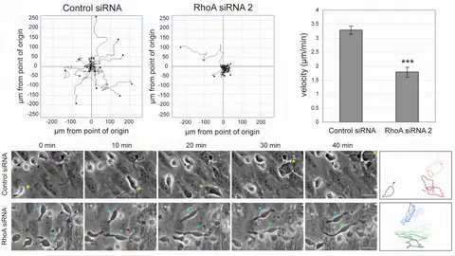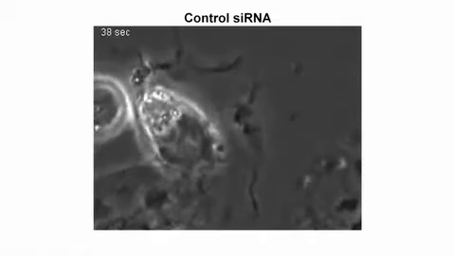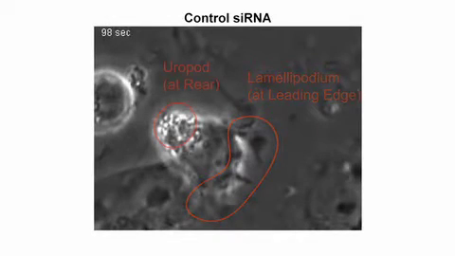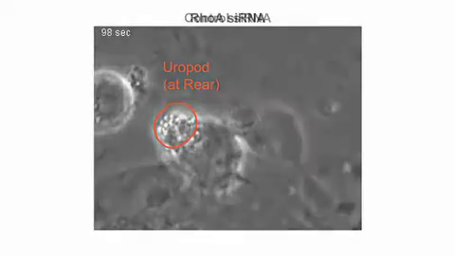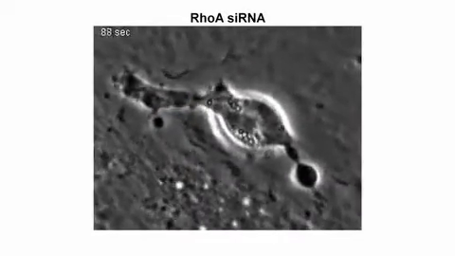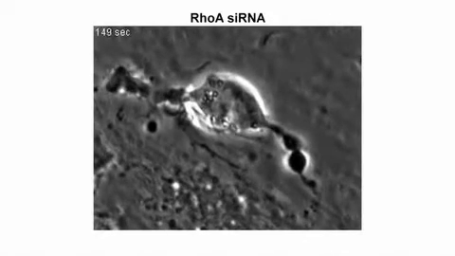Ridley's group, led by postdoc Sarah Heasman, found that knocking down RhoA affected both the appearance and behaviour of T cells attempting to migrate through a layer of endothelial cells. The normal T cell, when it's migrating on the endothelium, has a broad lamellipodium at the front and a little uropod at the back. Whereas when we knock down RhoA, most of the cells actually are very rounded and have two thin protrusions extending from opposite sides of the cell.